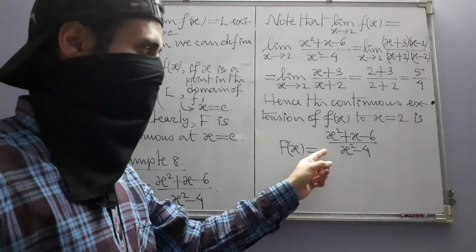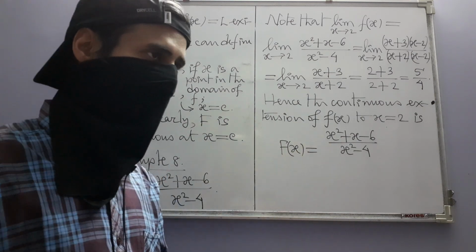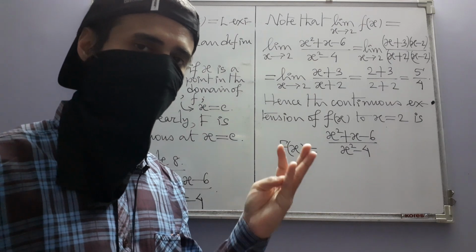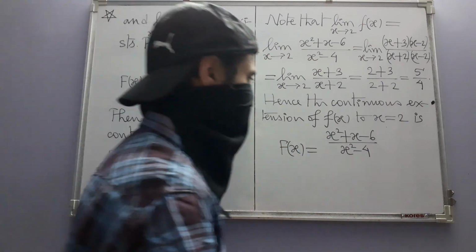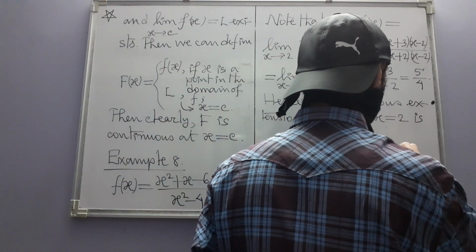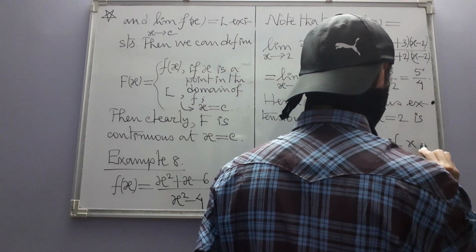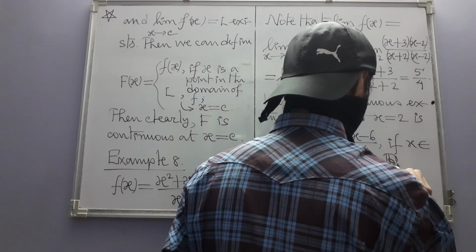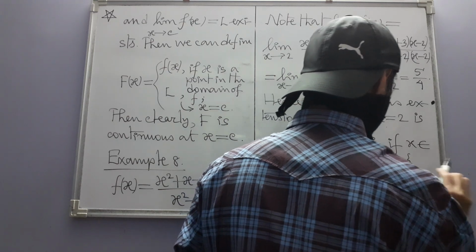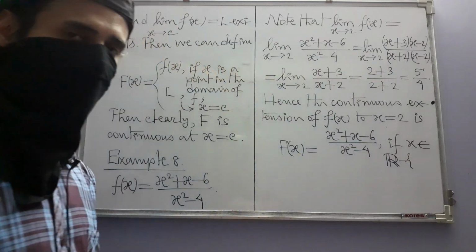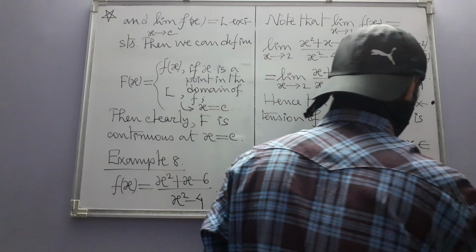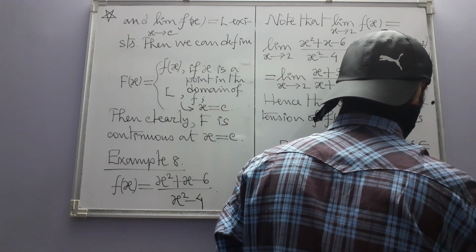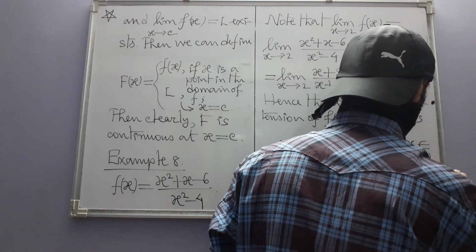So that means the domain is simply the set of real numbers from which minus 2 and plus 2 have been removed. So that's why if x belongs to this set, if you want you can write this set as a union of intervals, you understand, but I am writing it briefly like this. This takes less space.